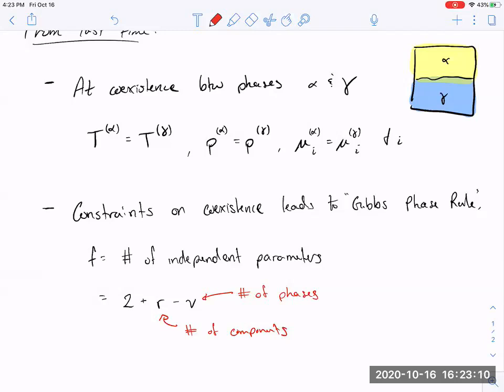Having multiple components makes this incredibly difficult to think about constructing phase diagrams. Nevertheless, if we only vary the temperature, pressure, and compositions, Gibbs tells us what sorts of phase diagrams are possible.